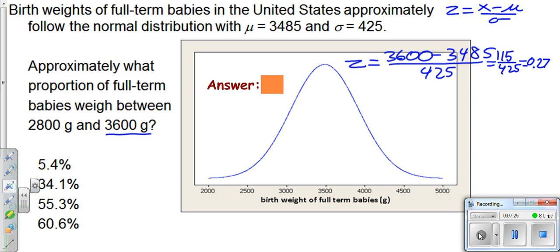Well, then we want to do the same thing for our 2800. So our data value minus our mean over our standard deviation. Subtract the top and divide.